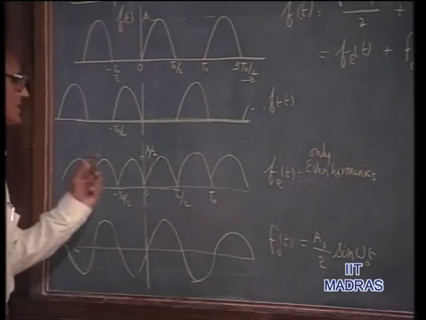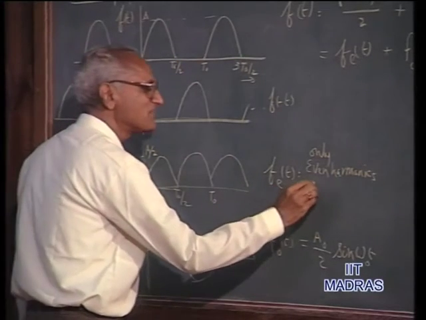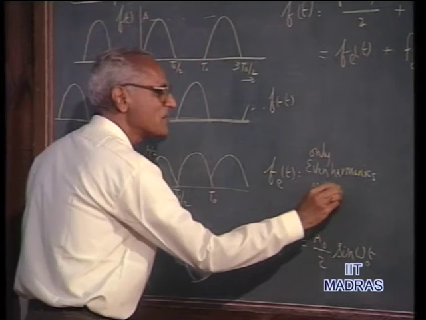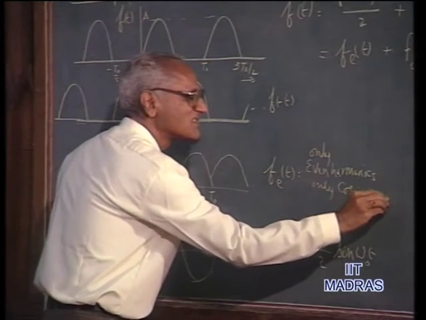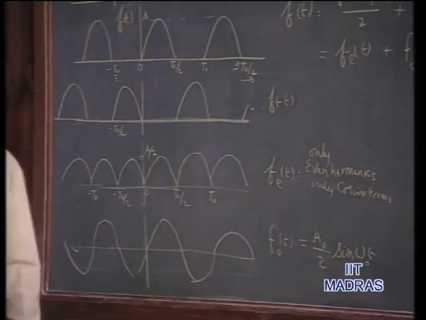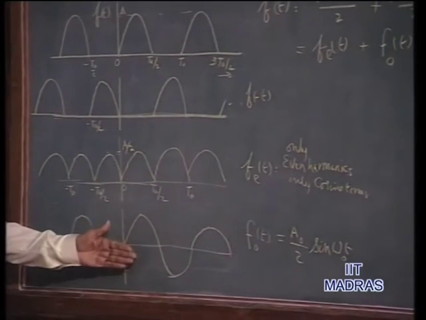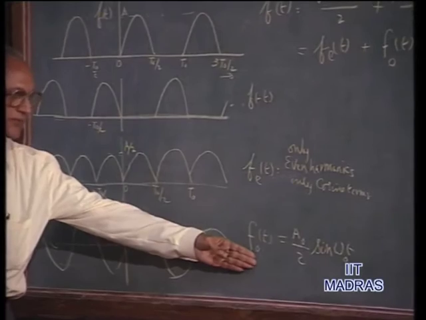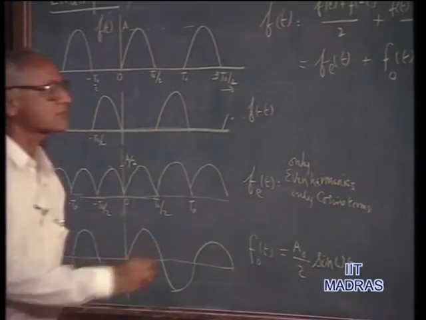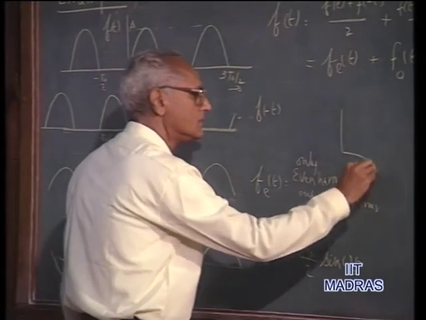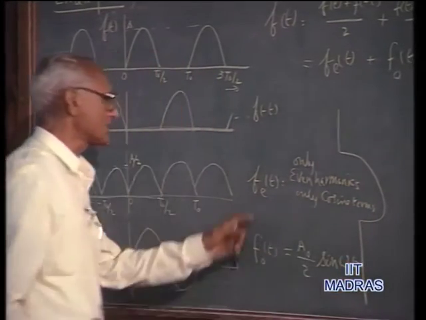And since the function is even, only cosine terms will be present. So if you make the Fourier series expansion of this and add to this the Fourier series expansion of f naught of t, which is this, then you get the Fourier series for the entire function. So let us do this.